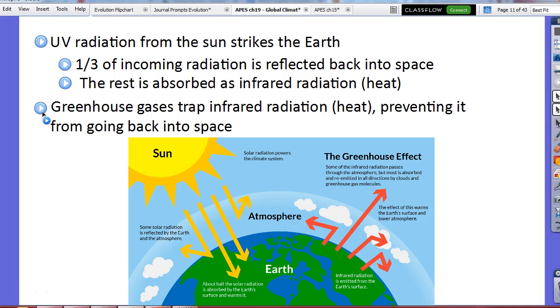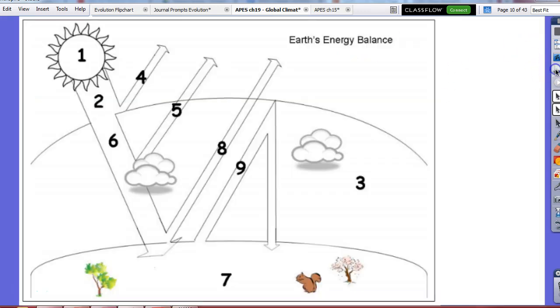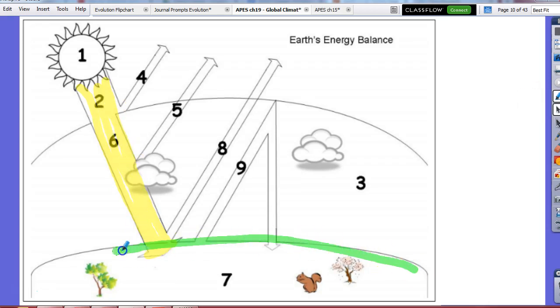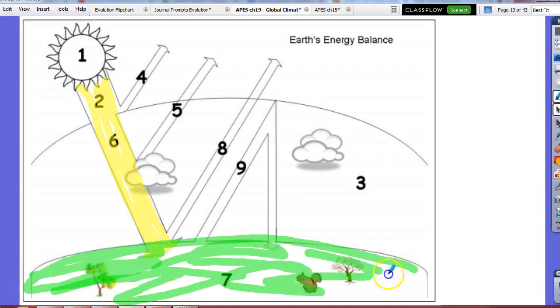So on this diagram, we are mapping out the greenhouse effect. The first thing you're going to need to do, one person can start by coloring this arrow yellow. So grab the yellow. This is all the sunlight coming in. The other person can color the ground green, showing that this is the ground. And you guys can flip-flop.